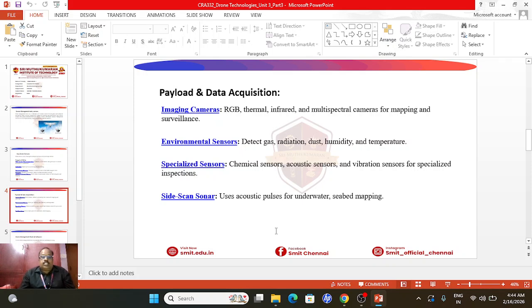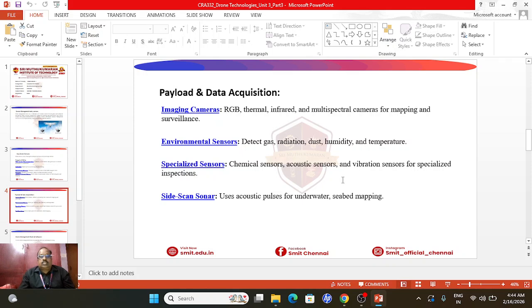Environmental sensors detect gas, radiation, dust, humidity and temperature. We also have a thermal sensor to control how much temperature there is, and through that the environmental sensor detects these temperatures.